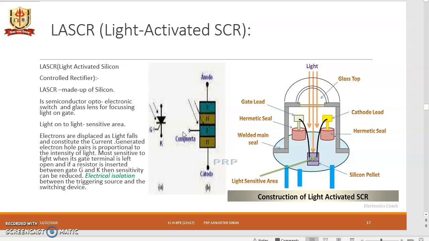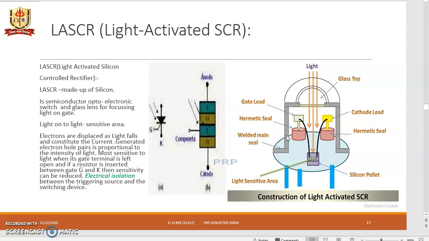The gate can be kept open, or a small gate current can be provided as in the SCR case. The main material used is silicon, and it is a semiconductor optoelectronic switch with a lens arrangement. Here we see the lens arrangement for focusing the incident light onto a small silicon pellet connected between the cathode and the gate.